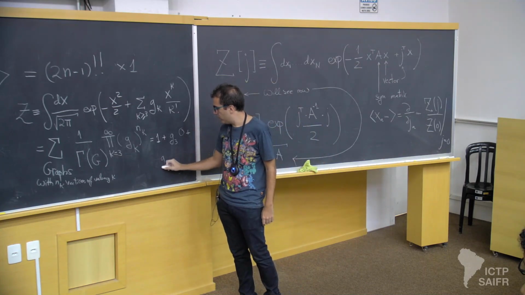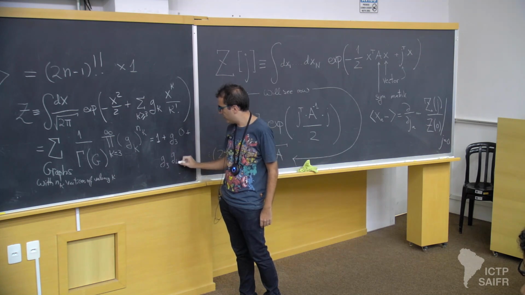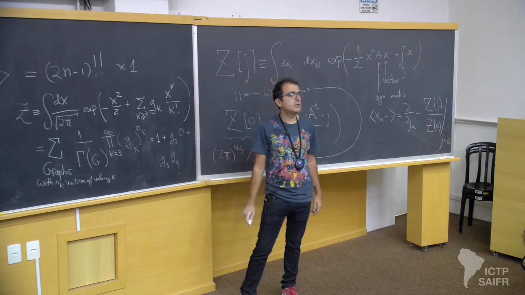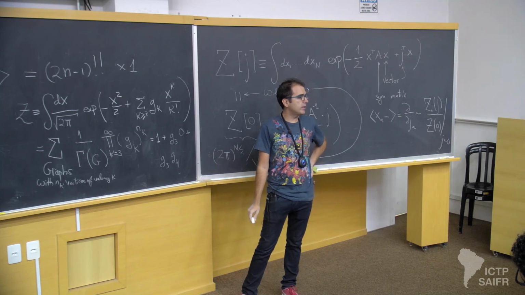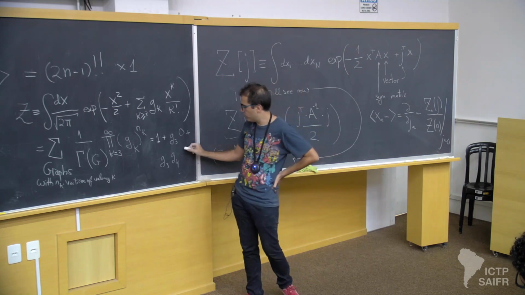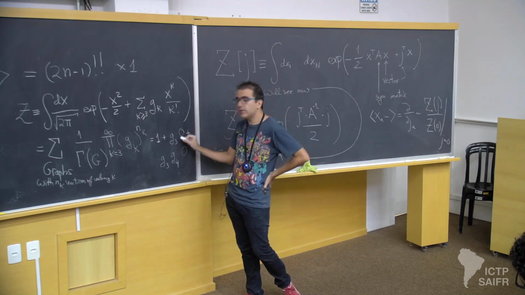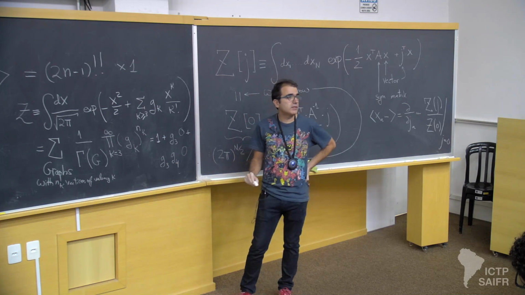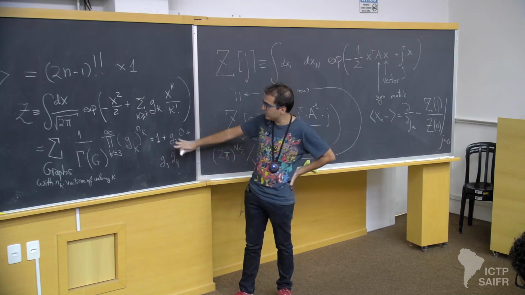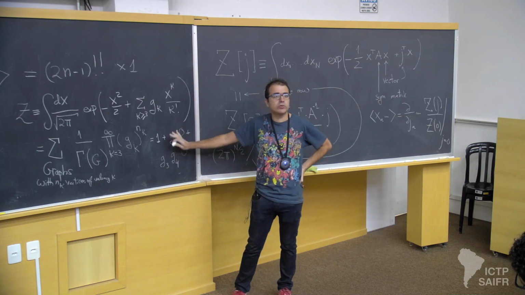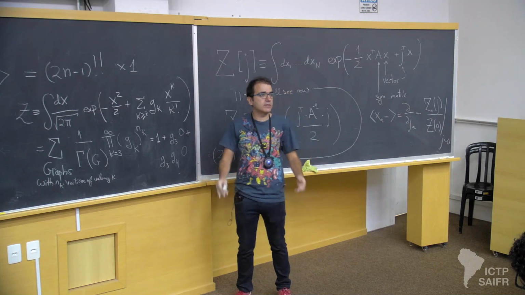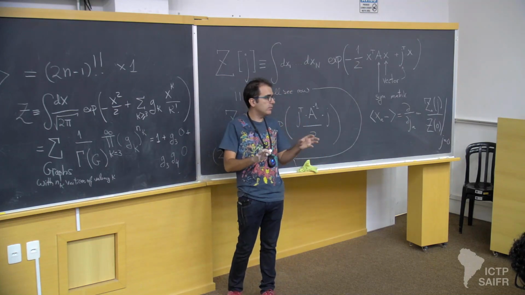For example, what about G3 times G4? Is it possible to make a graph with a cubic vertex and a quartic vertex? No, this one is also 0. So many terms are 0. Some are possible, some are not possible. So in the exercise, you are asked to describe which ones are possible. It's a nice exercise to think a bit about graphs.